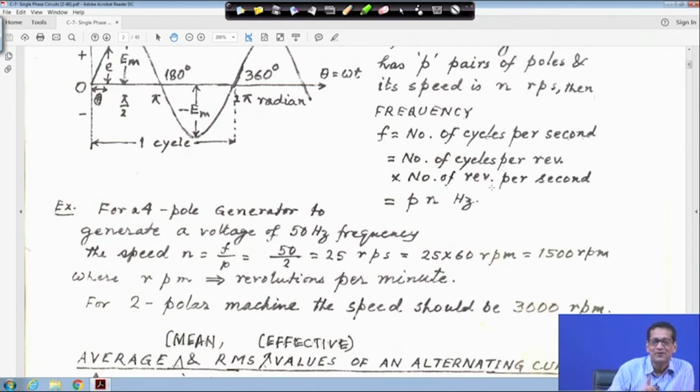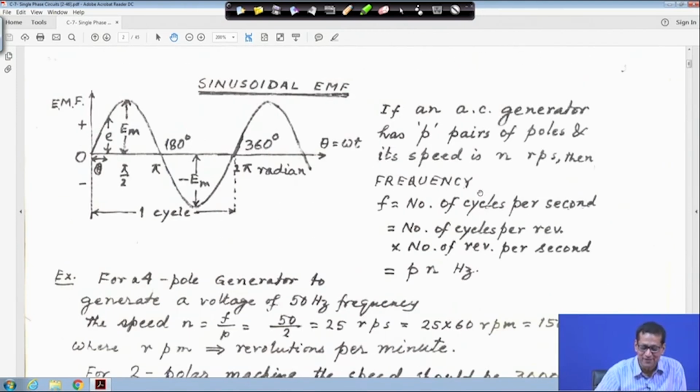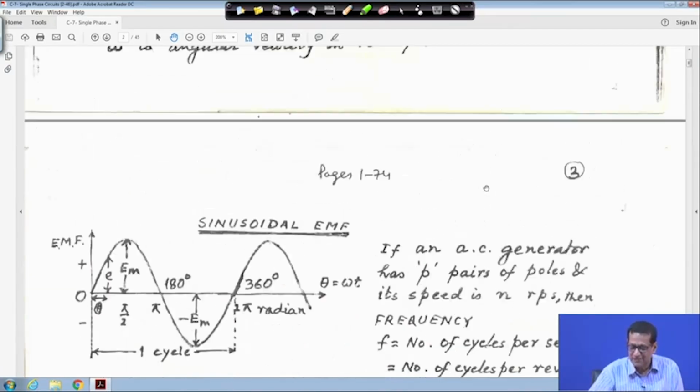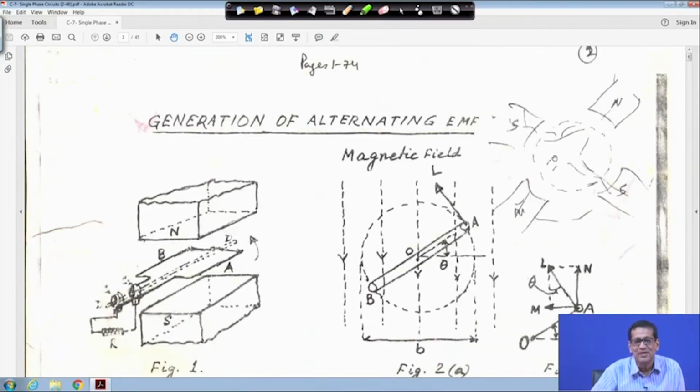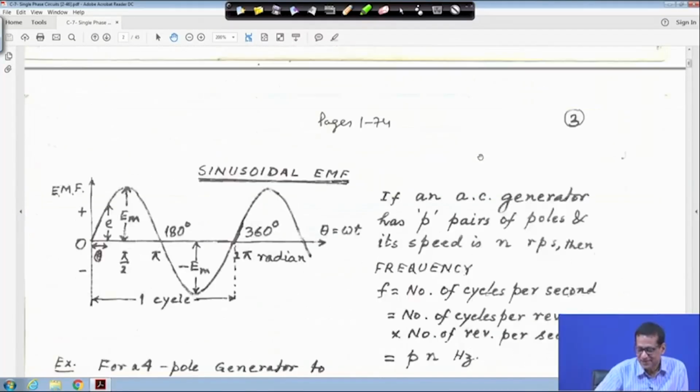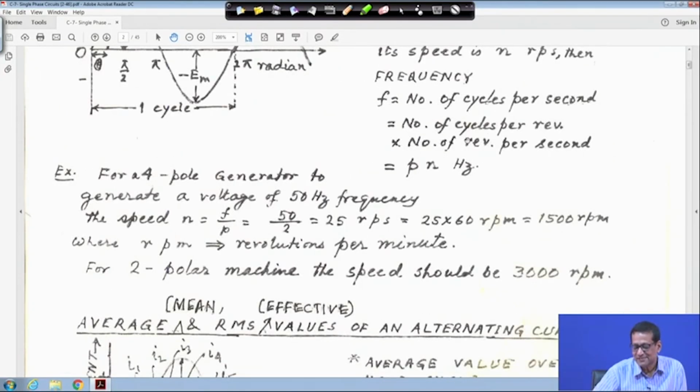If you have 1 pair of poles, it will make 1 cycle per revolution, because it is an electrical quantity; you are not looking at the mechanical thing, we are looking at the electrical thing, N S. Suppose in this diagram you have 2 pairs of poles, although it will rotate mechanically 360 degrees, it will complete 2 cycles, because it will sweep NS and NS, and this way the flux will link. So, that is why the number of cycles per second is number of cycles per revolution into number of revolutions per second.